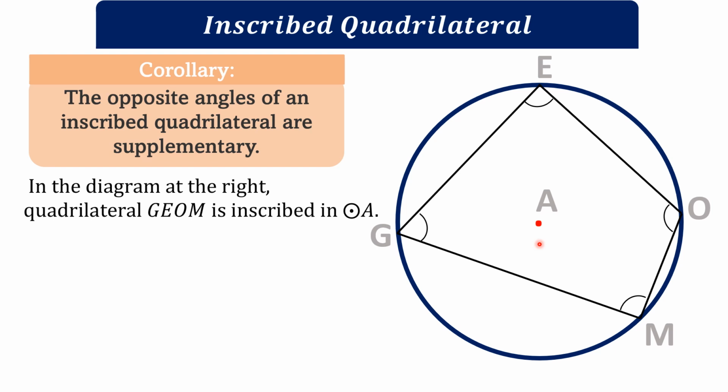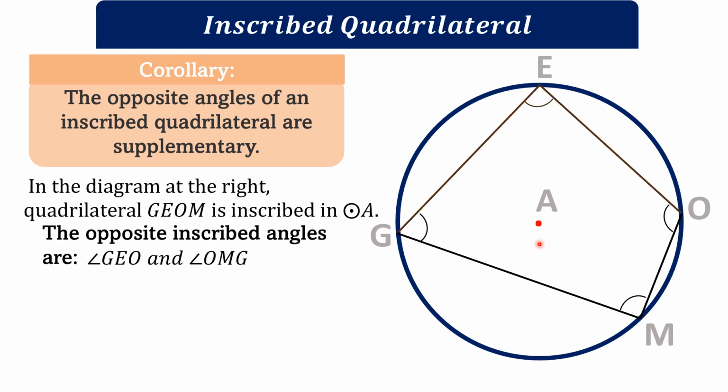The opposite angles are angle GEO and angle OMG. And the other pair of opposite inscribed angles are angle MGE and angle EOM.